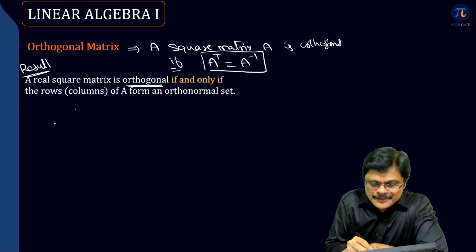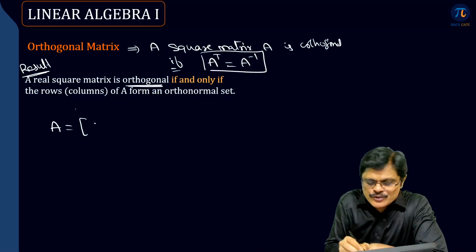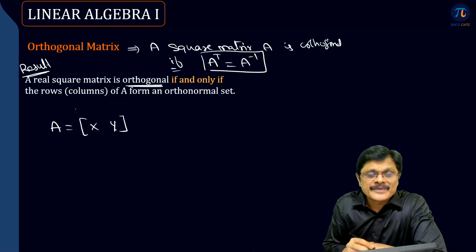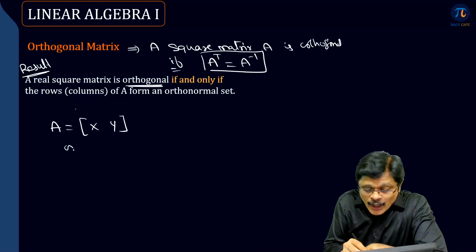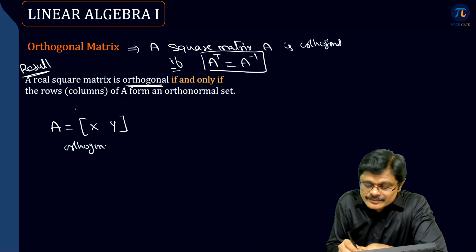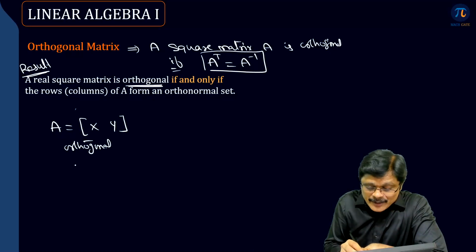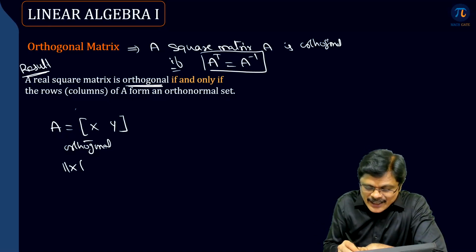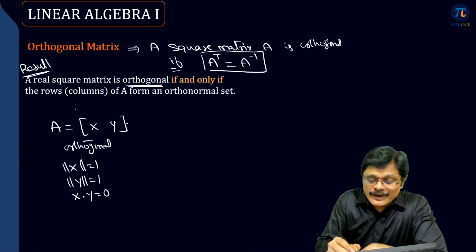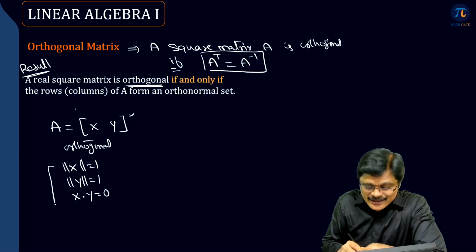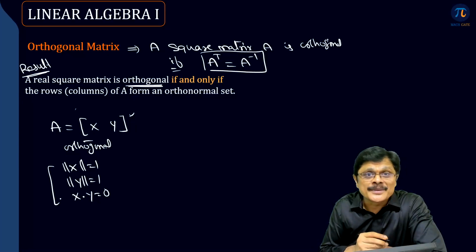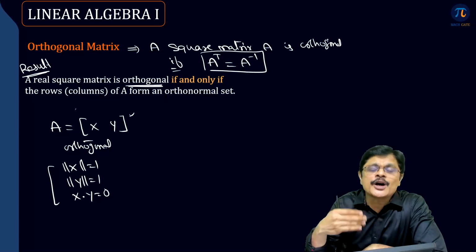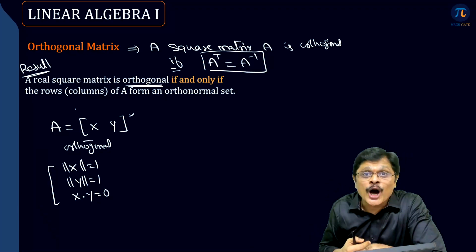For example, suppose you have a matrix whose columns are x and y. This is orthogonal if and only if x and y form an orthonormal set. That is, length of x is equal to 1, length of y is equal to 1, and their dot product is 0. So whenever the matrix is orthogonal, the columns form an orthonormal set. Whenever the columns form an orthonormal set, the matrix becomes orthogonal.